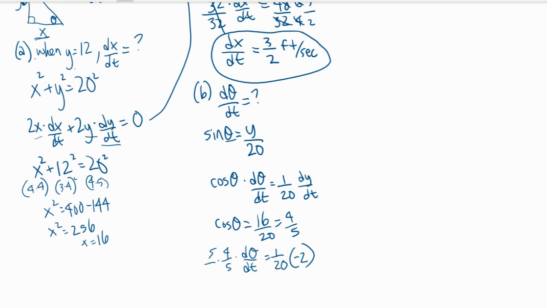Multiply both sides by 5/4, and I get -1 over 8. And we are in radians per second. So again, you're going to be in radians when you are solving for theta. And notice that I did not actually solve for what theta equals. All I did was find what cosine of theta was, so I used SOHCAHTOA to figure that out.